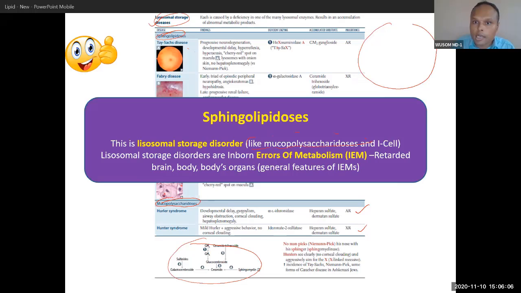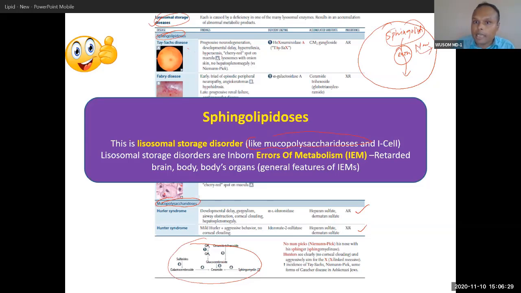The cell has lysosomes. The lysosome has enzymes. This enzyme will digest sphingolipid. Old sphingolipid will be digested, and new sphingolipid will be formed.